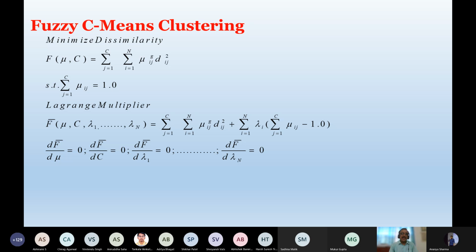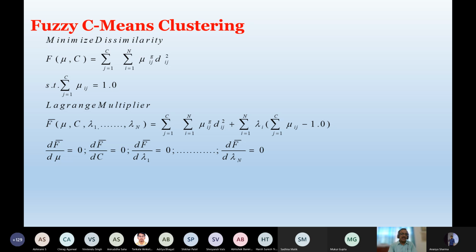So what we do is we take the value of g greater than 1, like say 1.25 or 1.5 or 2.0. Generally, we consider the value of g, that is the level of cluster fuzziness, like this.